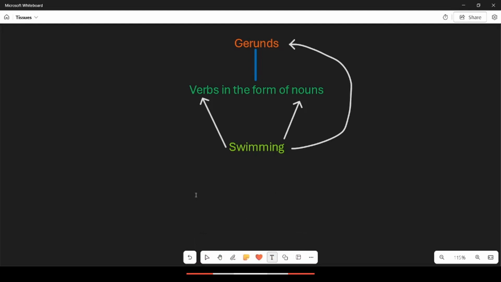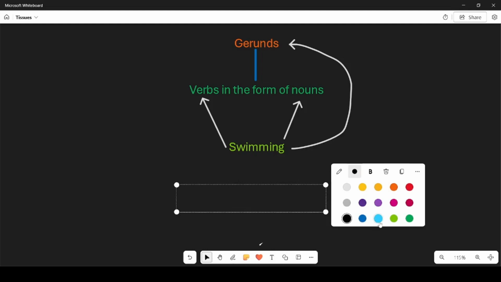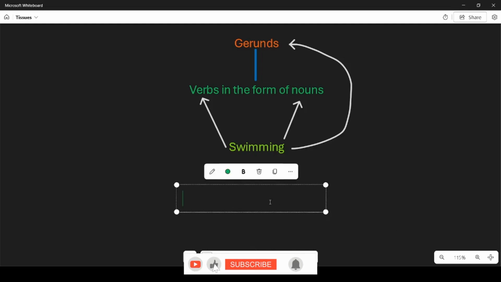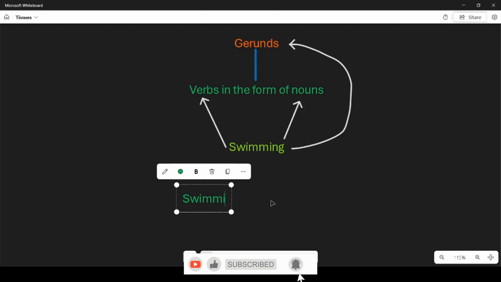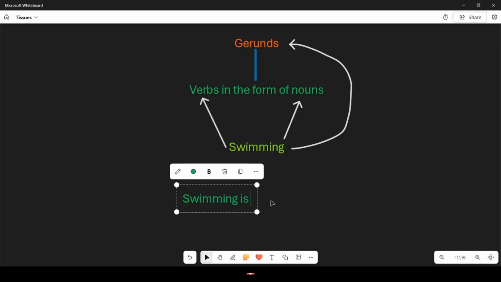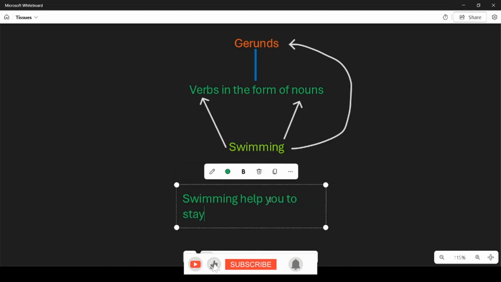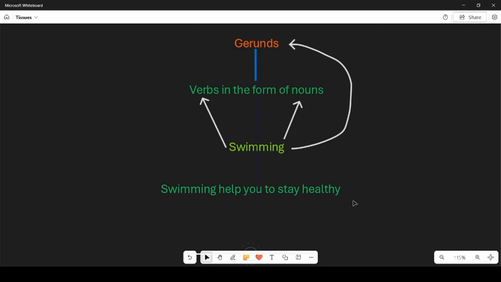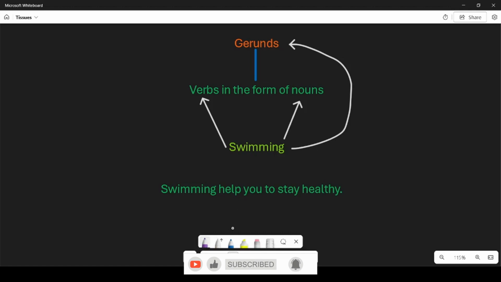So let's take an example. Swimming helps you to stay healthy. In this sentence, what are the verbs? So let's underline the verb. So helps is a verb. Helps you to stay.